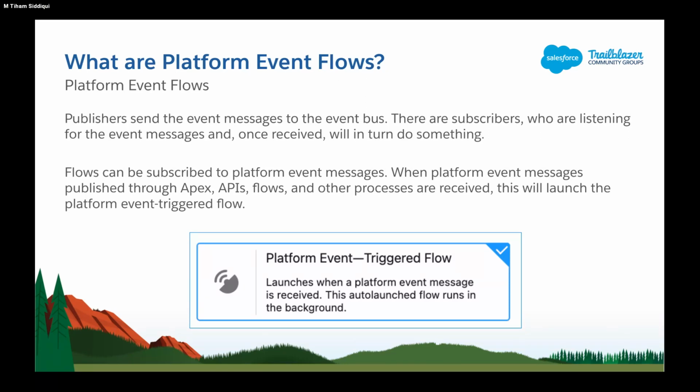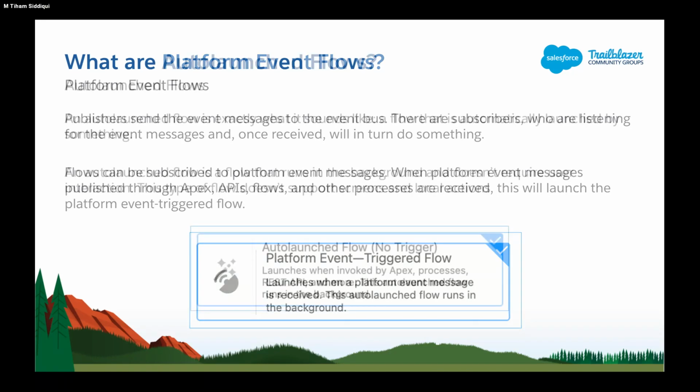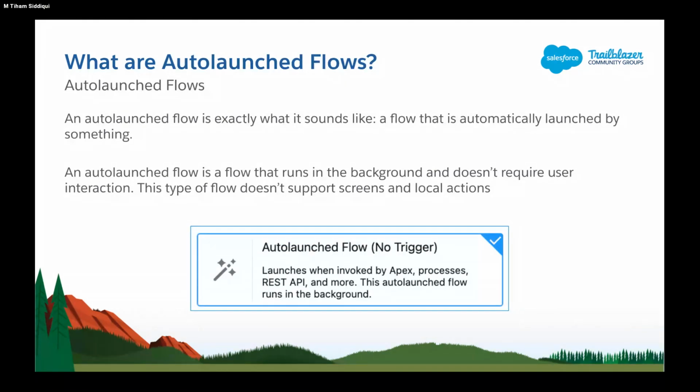Whenever a platform event is published, it triggers. Autolaunched flow needs no trigger, and it can be invoked by Apex, other processes, REST APIs, and external services.